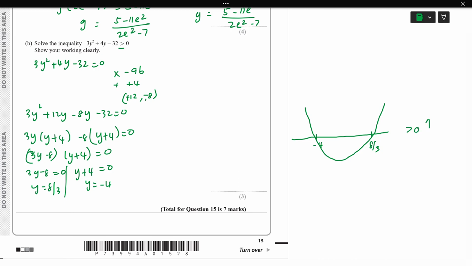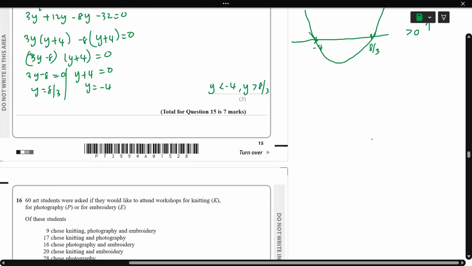Greater than 0 means above the line. Above the line there are two different inequalities, which are y less than negative 4 and y greater than 8 over 3. So this line is going less than negative 4 and this line is going above 8 over 3. So that's it. That's the final answer.